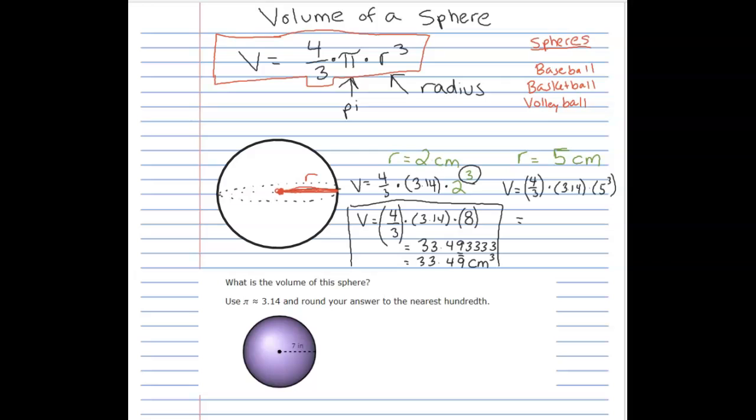Otherwise, 4 over 3 times 3.14 times 5 to the third power. I did this in my calculator beforehand. It's 125. In this case, remember, we want 2 after the decimal.